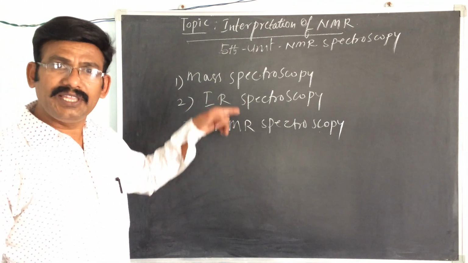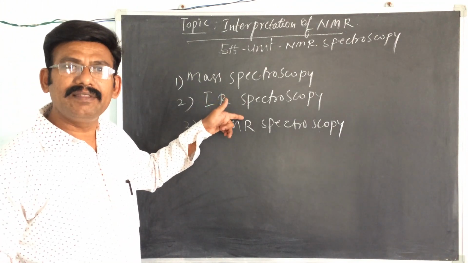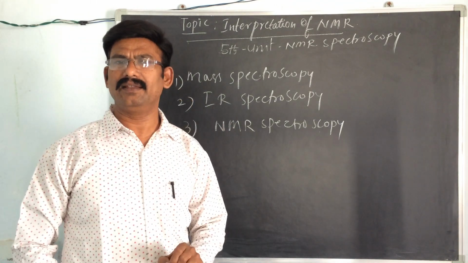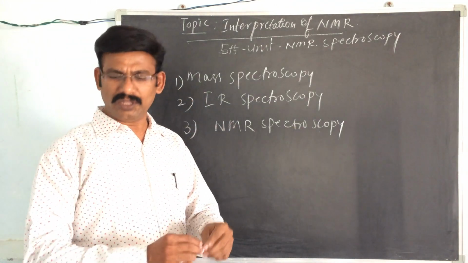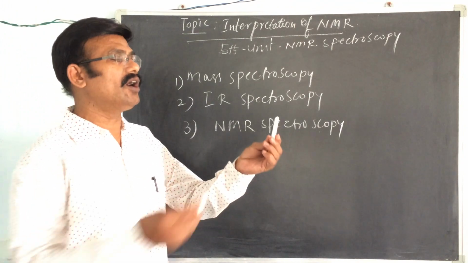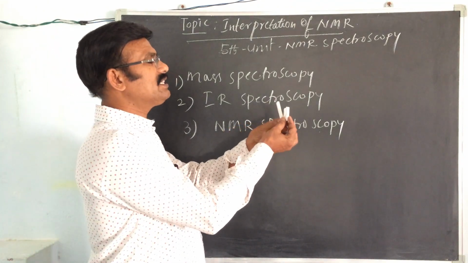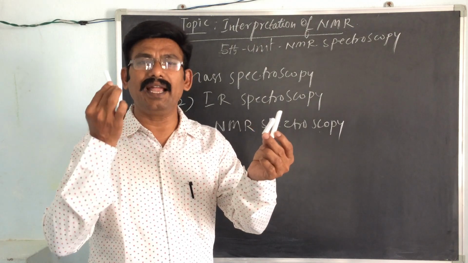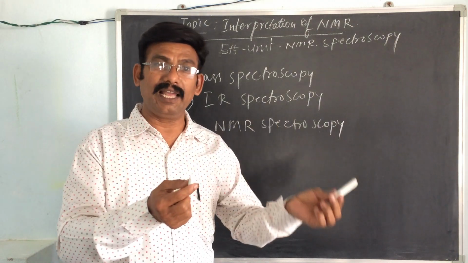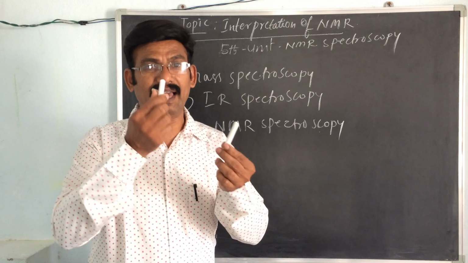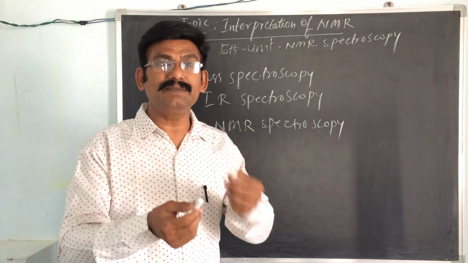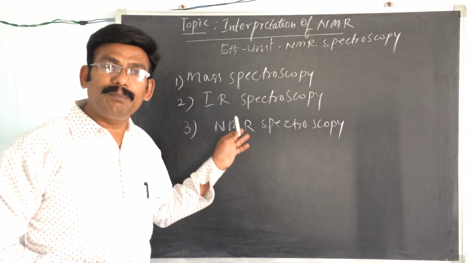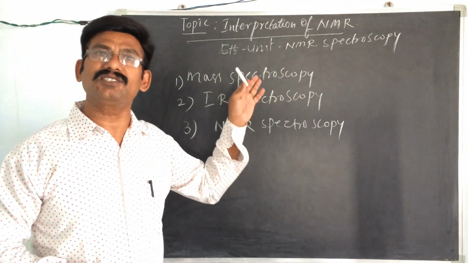If you know these spectroscopies, then the identification is very easy. The 3 chalk pieces are white, but which one is used for the headache, which one for the leg pain, and which one for cancer? That is based on these spectra. This spectroscopy is able to identify the structure.